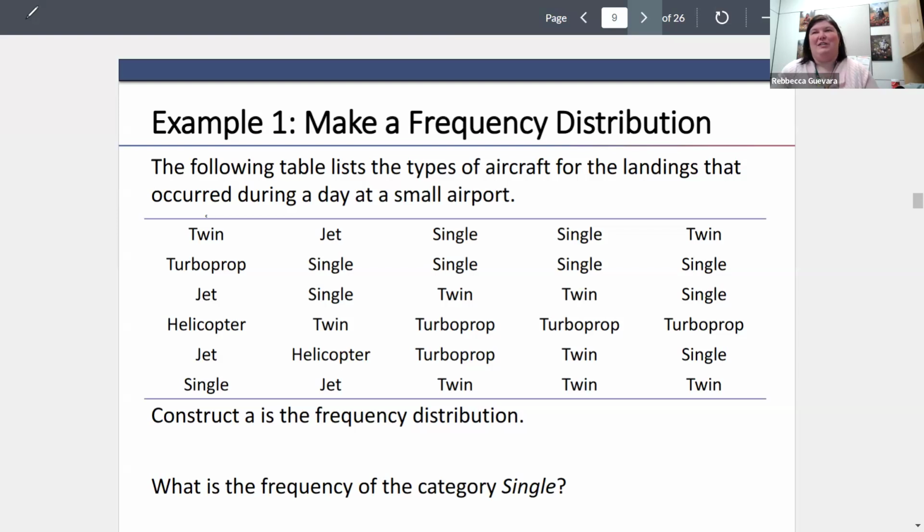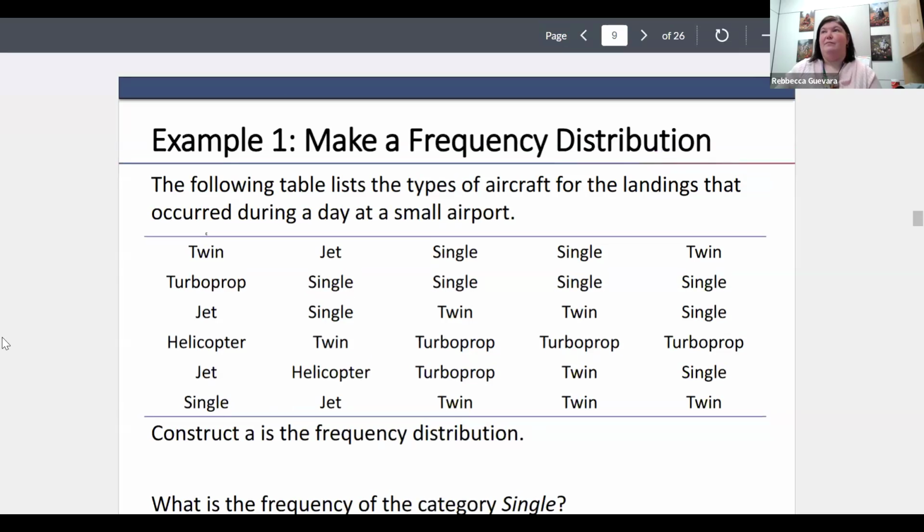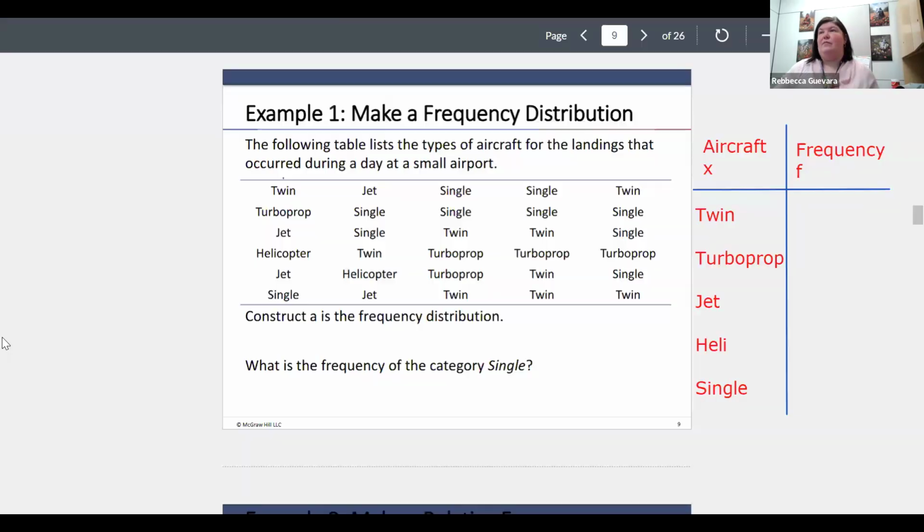I think it's twin engine and single engine. Now looking at it, go through those. You're just going to make a frequency distribution and then figure out what is the frequency of each, of just the single engine category? Hopefully we're going to get the same answer here.